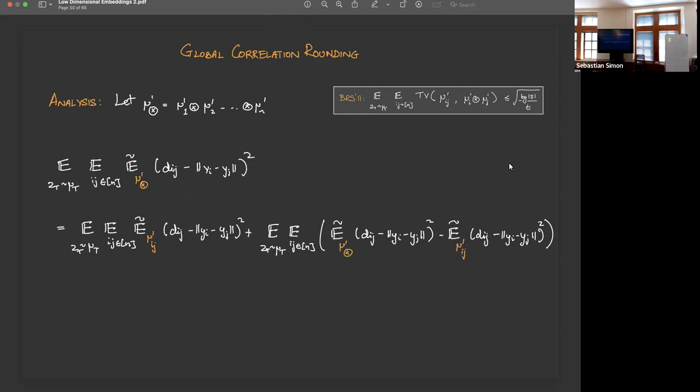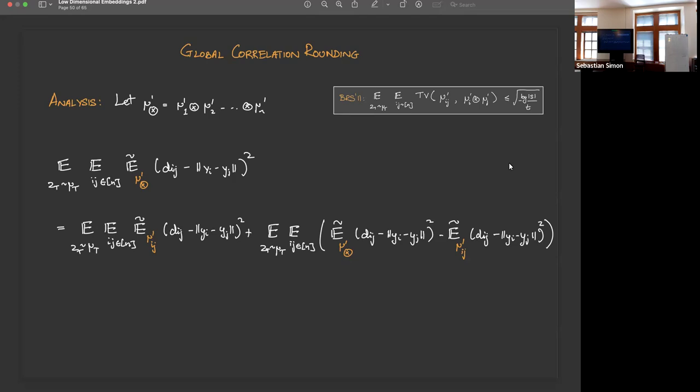So how do you analyze this? Let me use the notation U prime tensor to denote the product distribution on each of the poles. And then let's say I use the notation yi to be the resulting sum from the product distribution that I wrote. I want to analyze this cost, the average over the layers of the embedding minus distances squared.